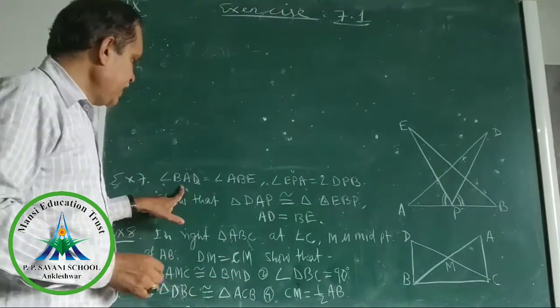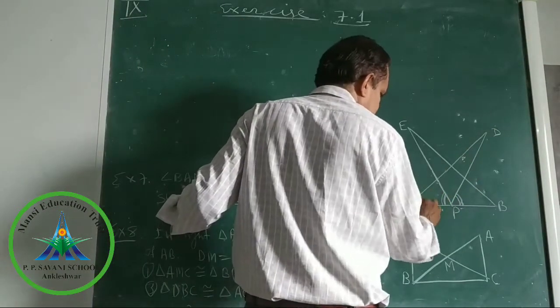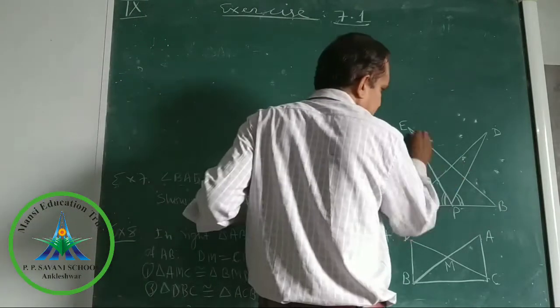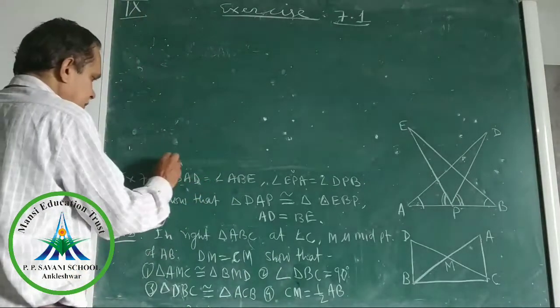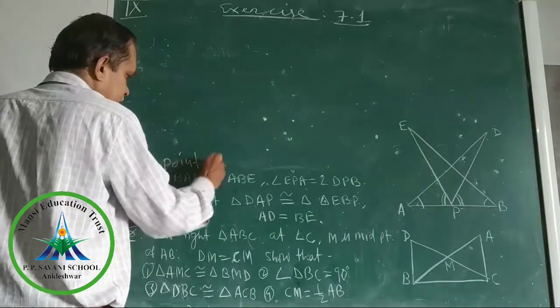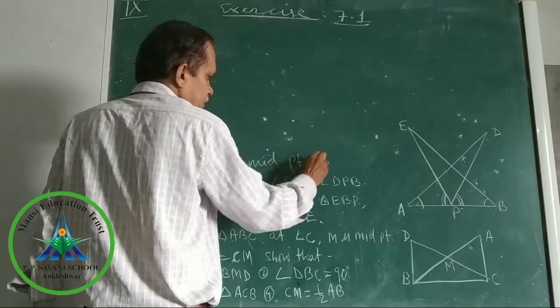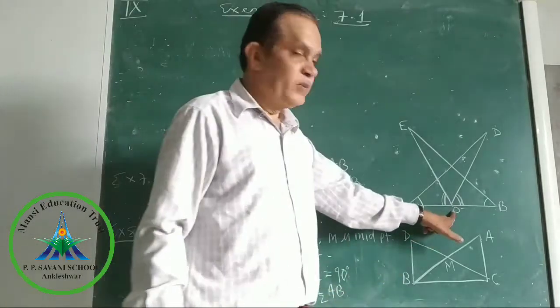See, angle BAD equals angle ABE. Again, point P is the midpoint of AB.